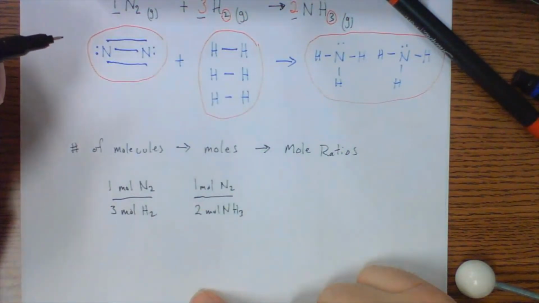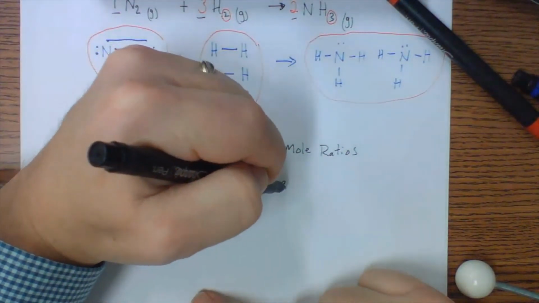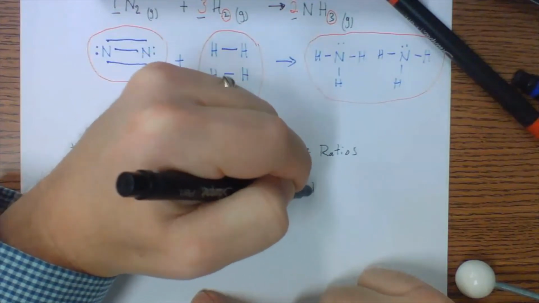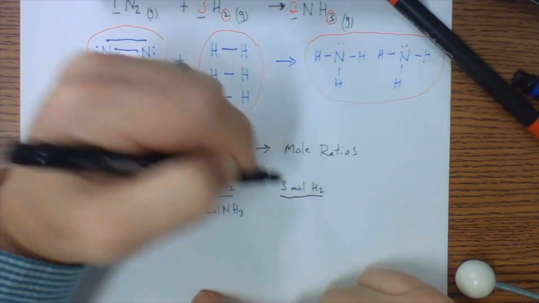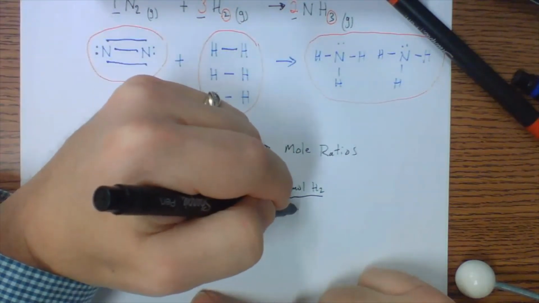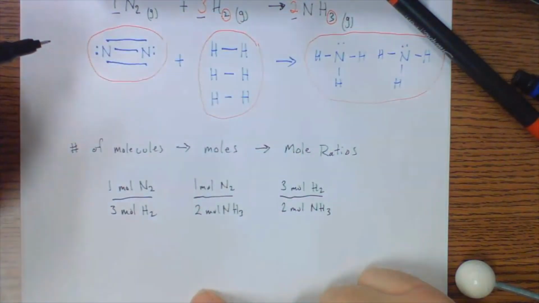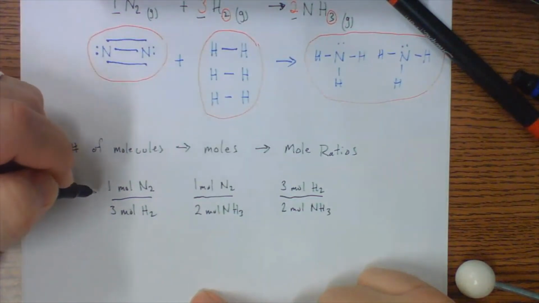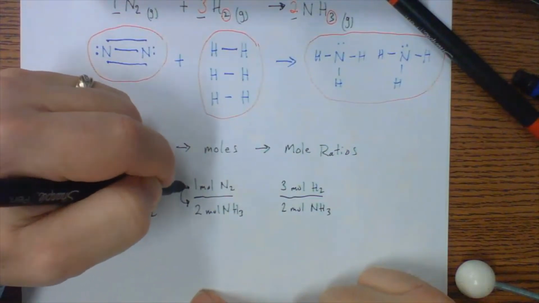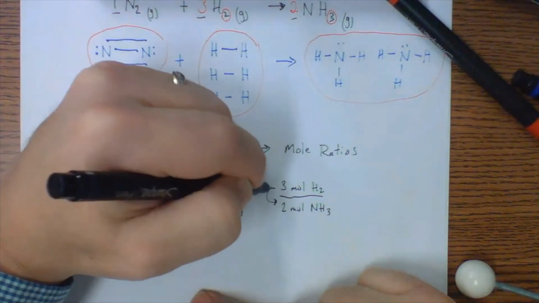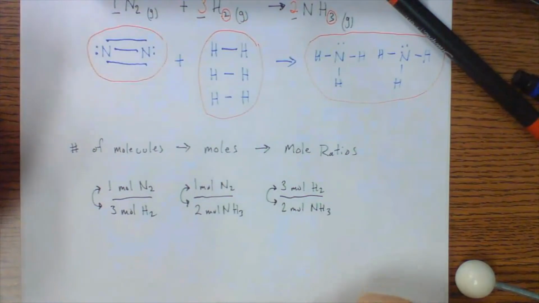So that would be another example of mole ratio. And then we could also have a mole ratio of 3 moles of H2 to every 2 moles of NH3. Okay? Now remember, mole ratios, if we set up a ratio, they can go this way, or we can flip them as well, so they can go either way. Now what we're doing is we're using this in our dimensional analysis.